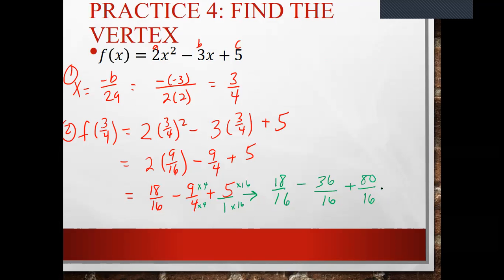But. All right. So 18 minus 36 is negative 18. Negative 18 plus 80. If you owe me $18 and you have 80, how much will you have left after you pay me? You'll have 62, right? After you pay me, you'll have $62. And this is 31 over 8.